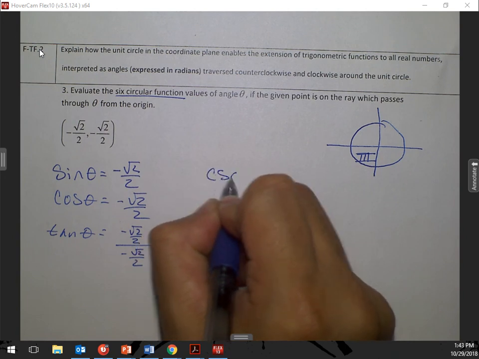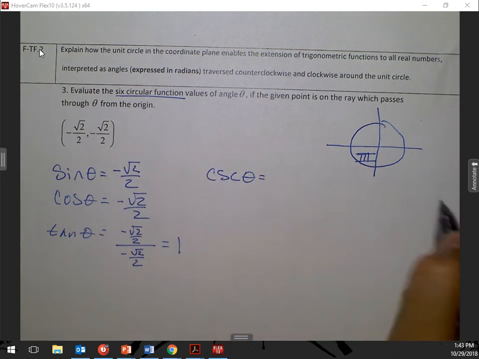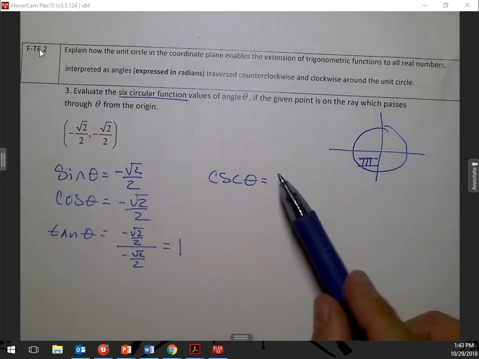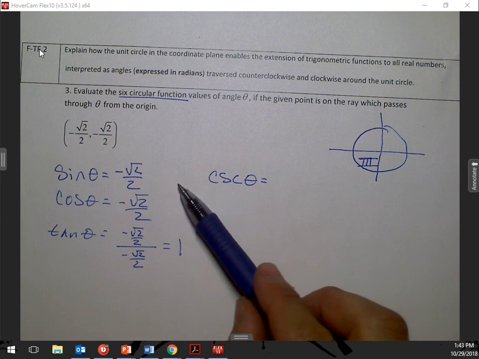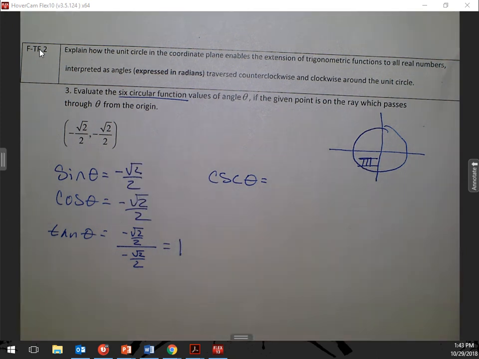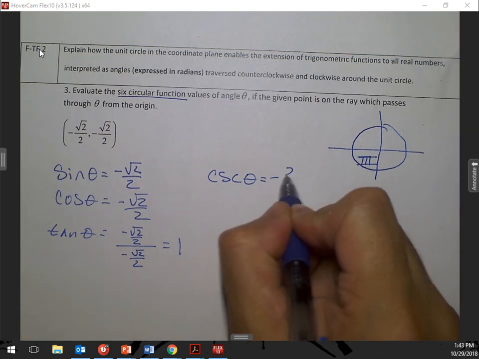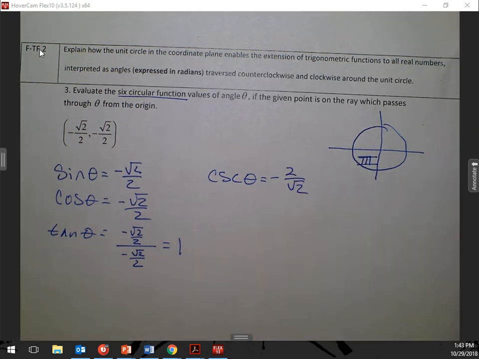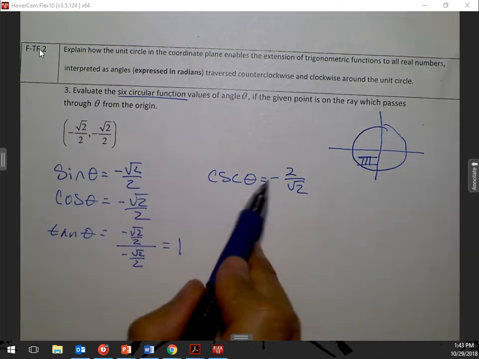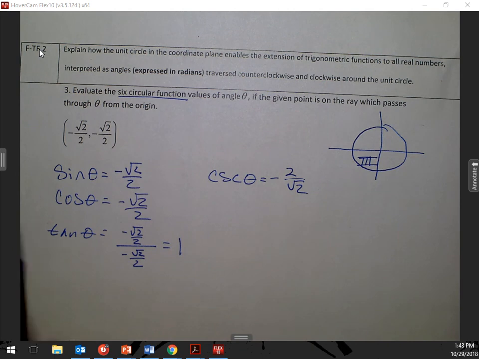Cosecant. R over Y. So what am I going to do? I'm going to give you guys a hint right here. Take sine and flip it over. Negative 2 over rad 2. Like that, right? Yeah, because it's the reciprocal.